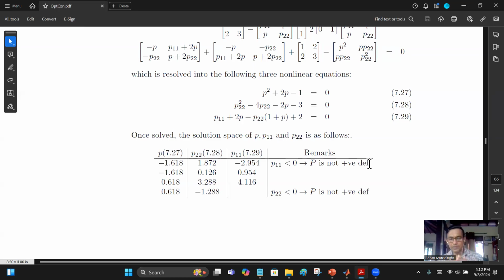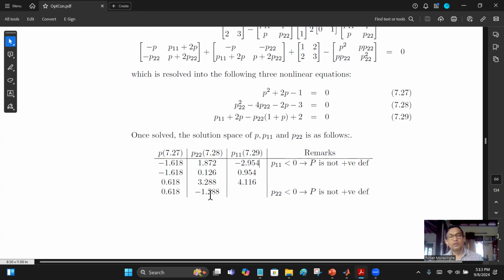Principal minors are square submatrices of the square matrix starting from the top left: the first element, the first 2 by 2 matrix, the first 3 by 3 matrix, like that. The first principal minor is the element at the top left corner, which is P11. When it is negative, we know for sure the P matrix is not positive definite. So therefore, we remove it. This cannot be a feasible solution.